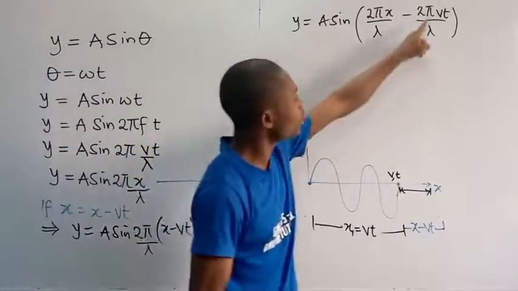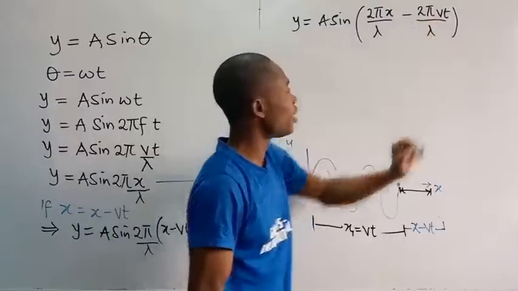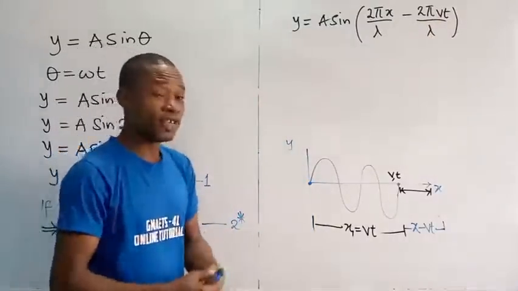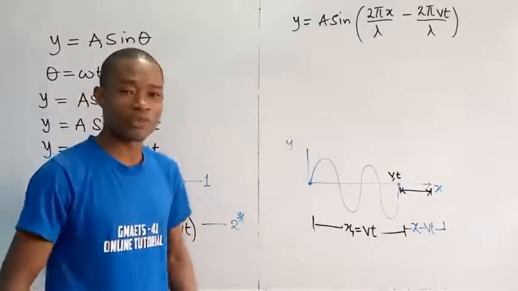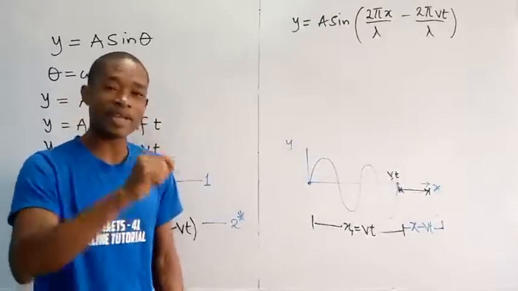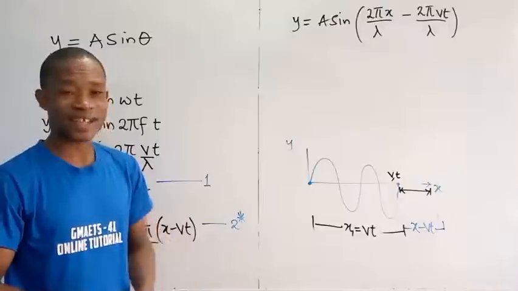Now, I am interested in V over lambda. V over lambda is equal to frequency. The frequency of a wave is defined as the speed of the wave divided by the wavelength. There is this relationship between them. I established that in our previous class.